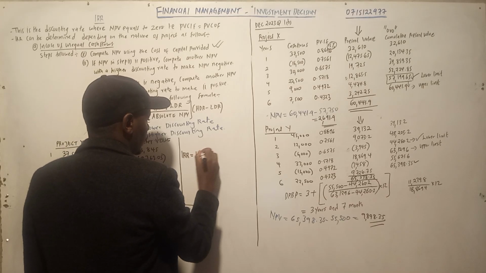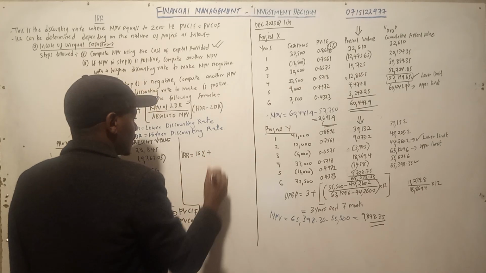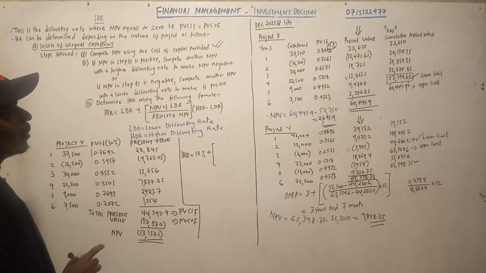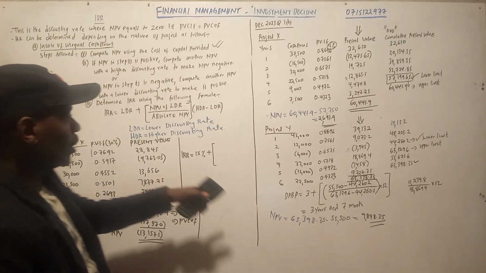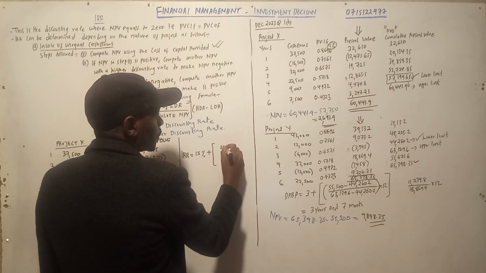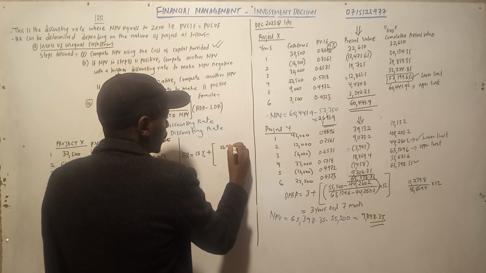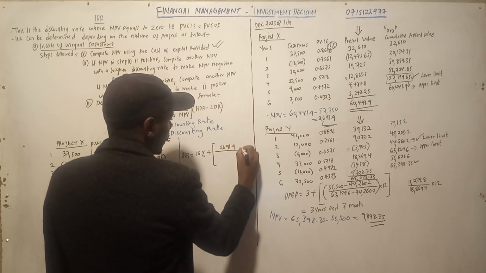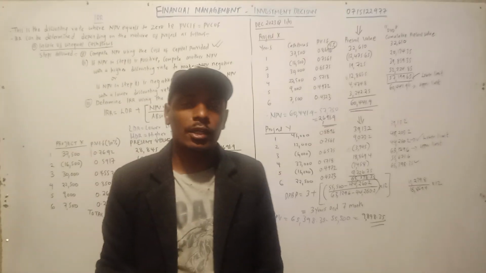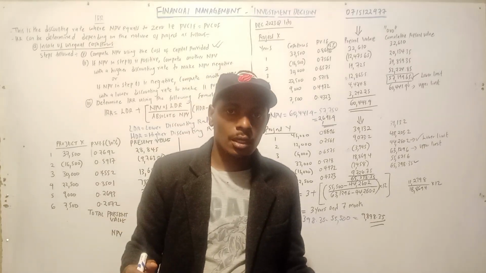Automatic is 15%. Plus NPV of the lower rate. So NPV of the lower rate is 2691.9 over absolute NPV.